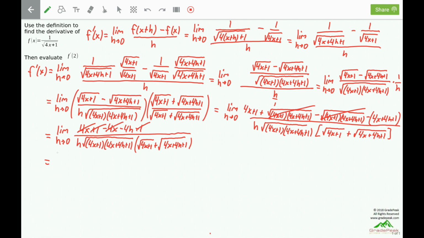And that means we're going to be able to cancel that h that's in the numerator, multiplying that negative 4, with the h that's in the denominator, at which point we can plug a 0 in for the remaining h's, and that should give us our derivative.